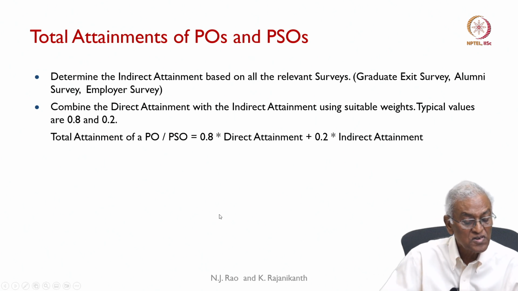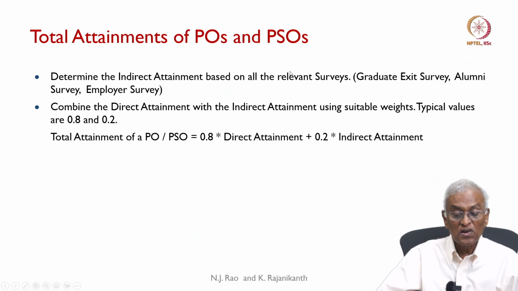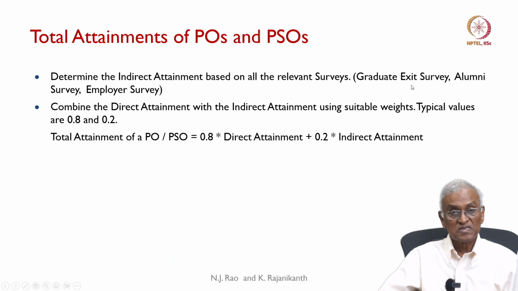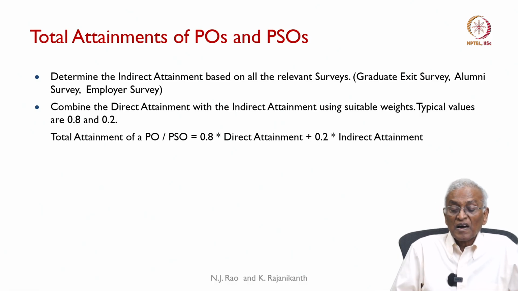And then, we also need to compute the indirect attainment as well, based on all the relevant surveys. This is required by the NBA. This is decided by the graduate exit survey, alumni survey, employer survey. These surveys have to be conducted.